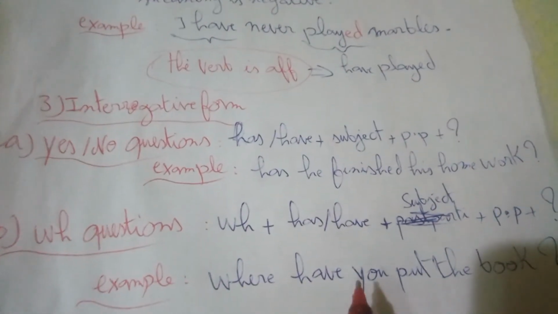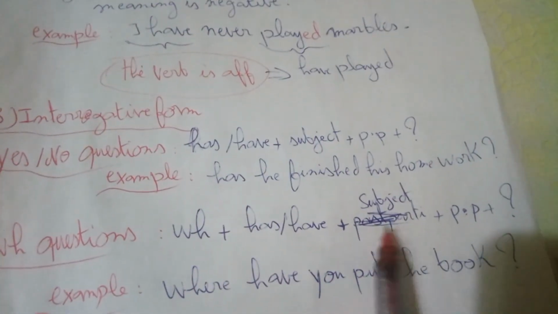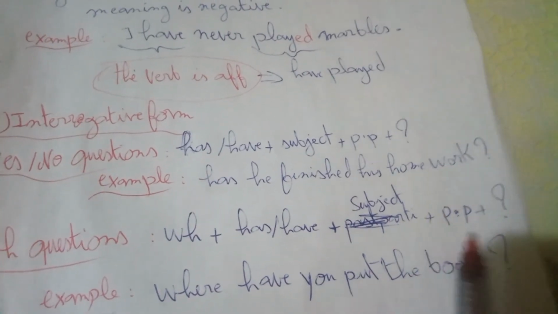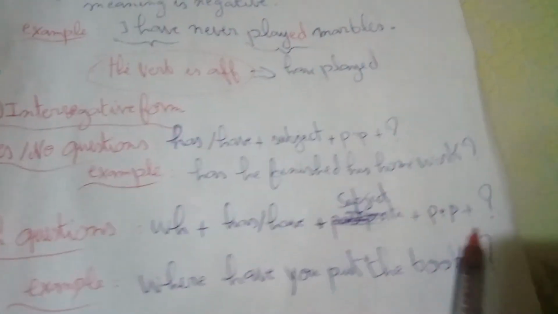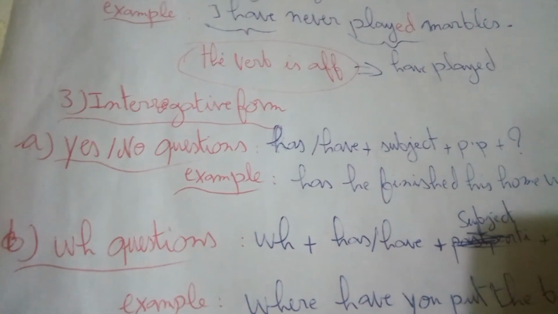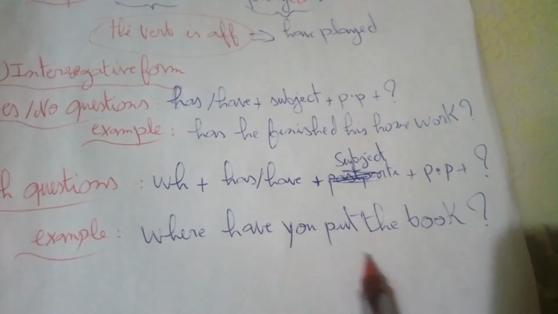WH questions: we have WH word plus has or have, plus the subject, plus the past participle, plus a question mark. Here we are asking about something. For example, where have you put the book?